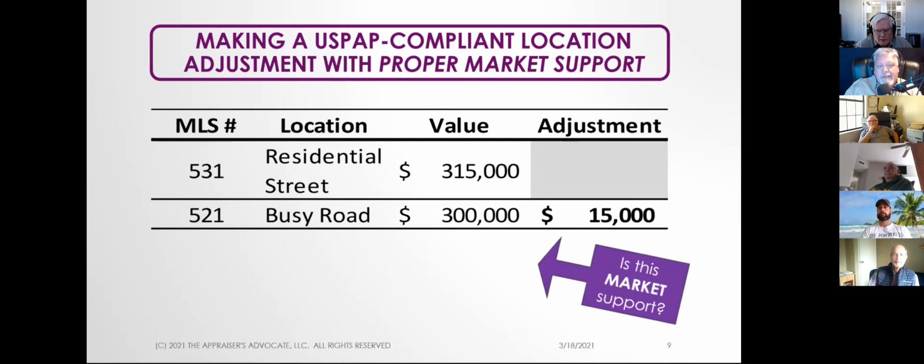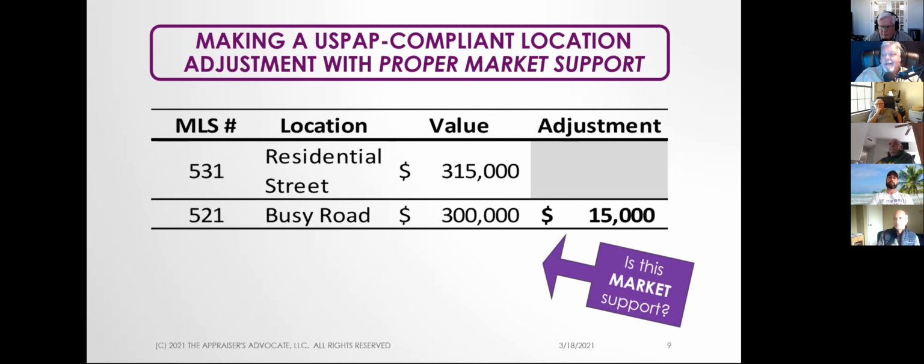Now, this question has been raised: is paired sales analysis market support? And the answer to that question is yes, it is, but. And the but is, is it enough market support?